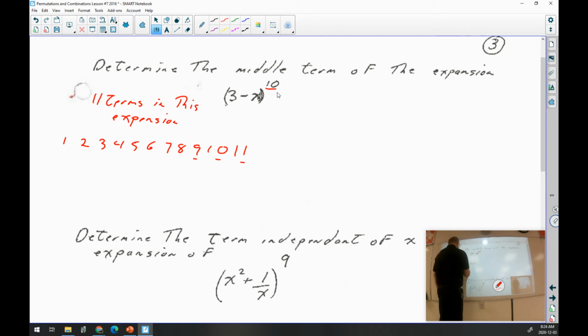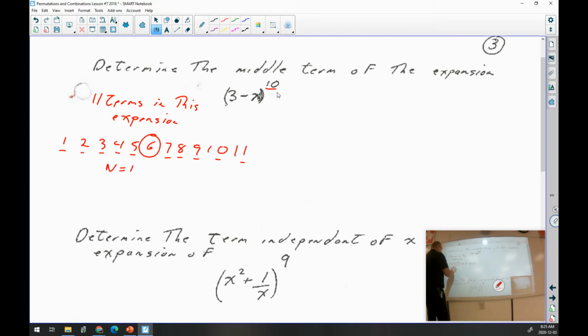We have 5 terms on that side, 5 terms on that side. So now we know, by a little bit of thought process, that we're looking for the 6th term. The middle term of that expansion is what goes right between 1 and 11.